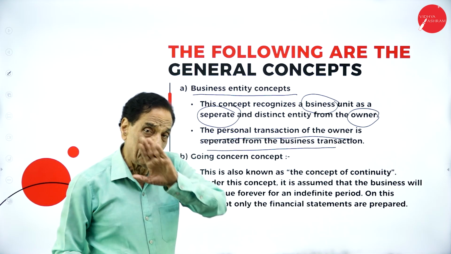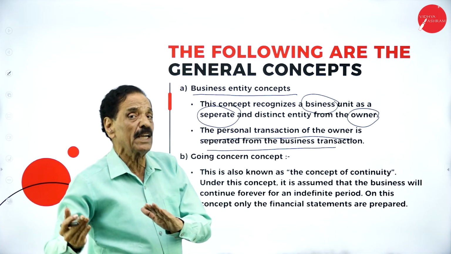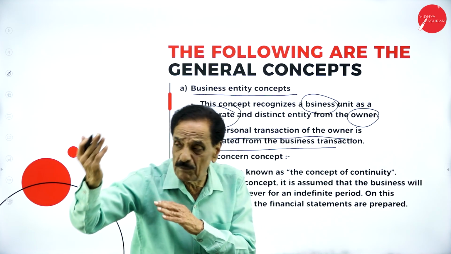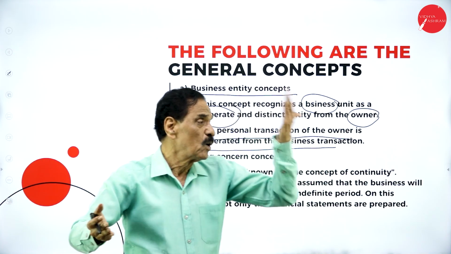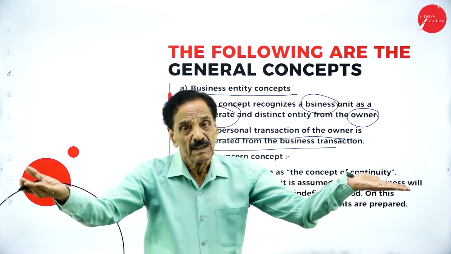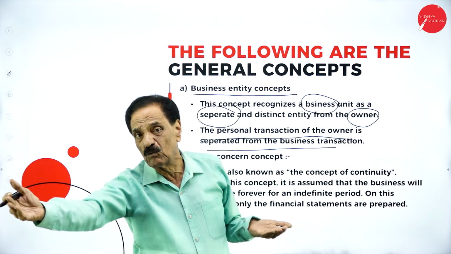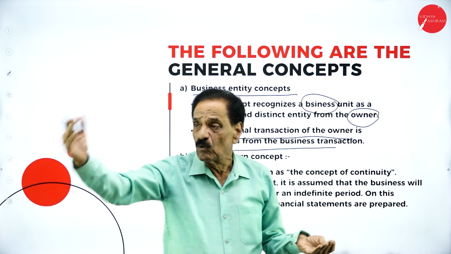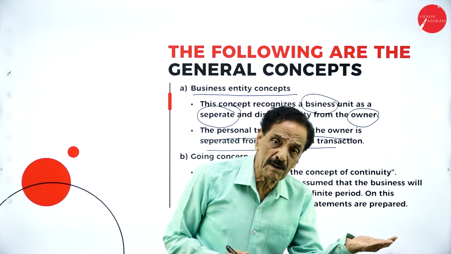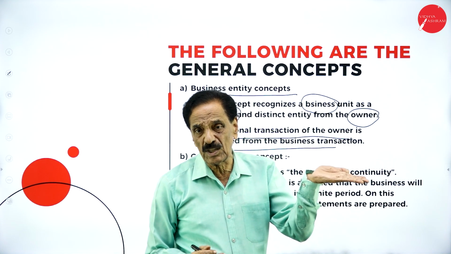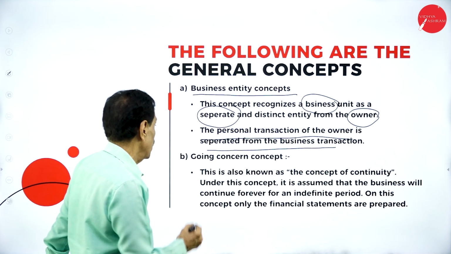Here, the personal transaction of the owner is quite different from the business transaction. We are talking about the business. Who is the contributor? Owner. Who is the receiver? Business. So though he is the owner, we treat him as a separate entity. The owner gives the amount, money is going out. Who is the receiver? Business. So business receives the money, owner gives the money. This is a separate entity.